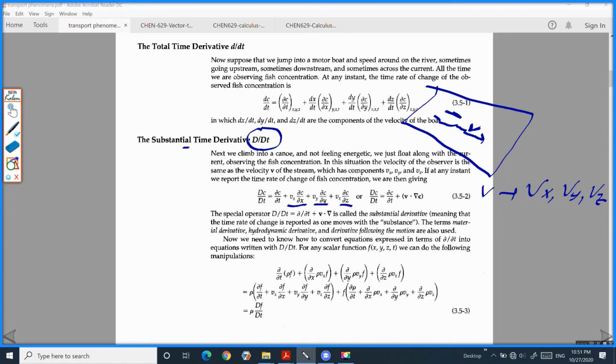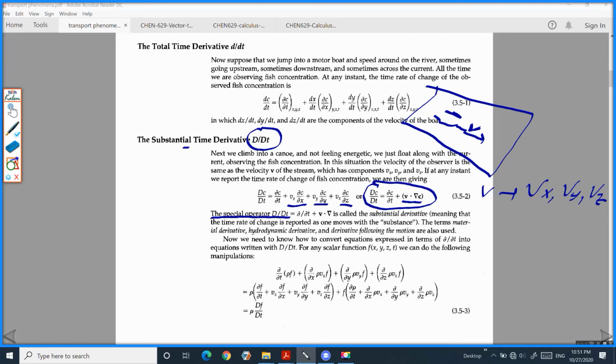We call this the substantial derivative. This is the open form, and we can also write it in closed form. We know this from the open form, which gives the result: the del operator and then the dot product, then the spatial operator here.